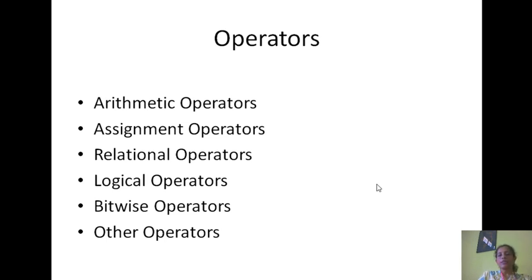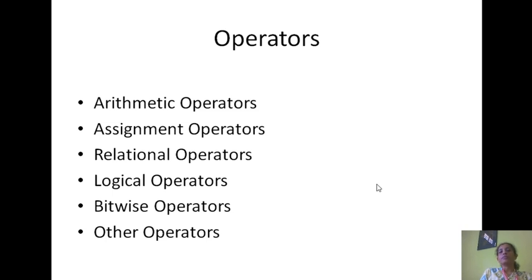Any kind of arithmetic expression can use arithmetic operators. In C++, we get 5 different arithmetic operators: plus, minus, multiplication, and division. These are the 4 basic operators, and another one is the modulus operator.